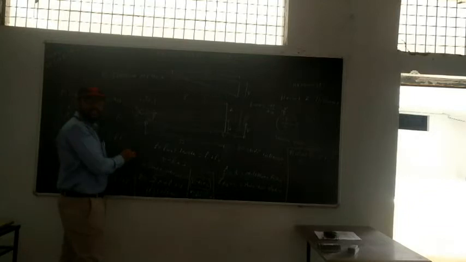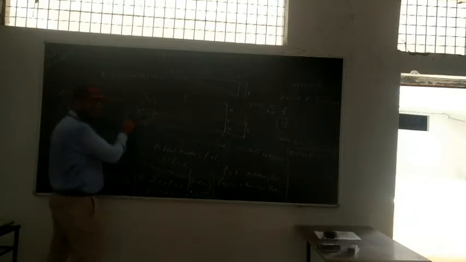How are you going to get the instrument height? You keep one leveling staff on that side. I already told you, to get the instrument height, always RL plus backsight.